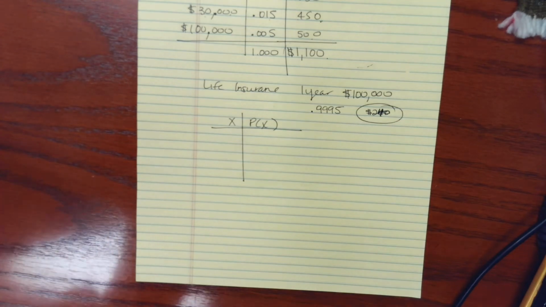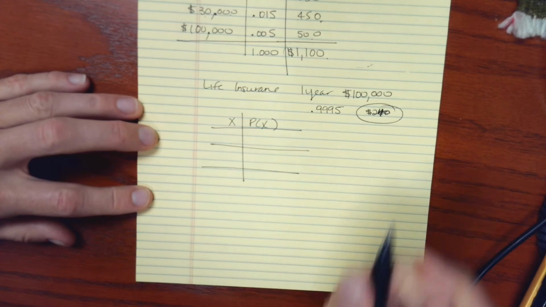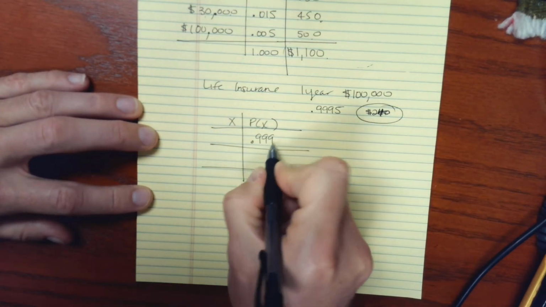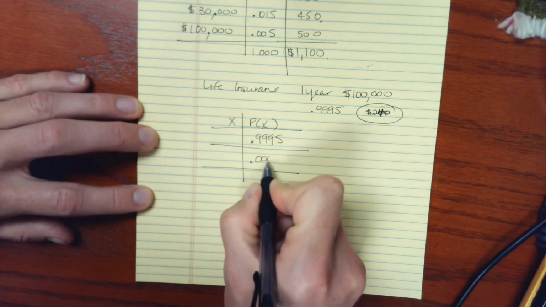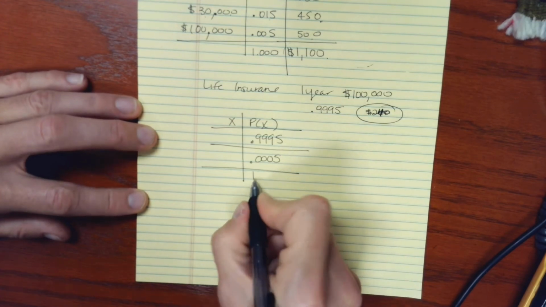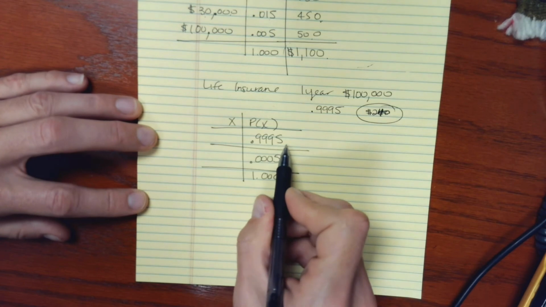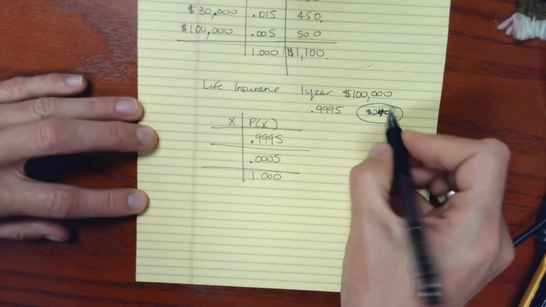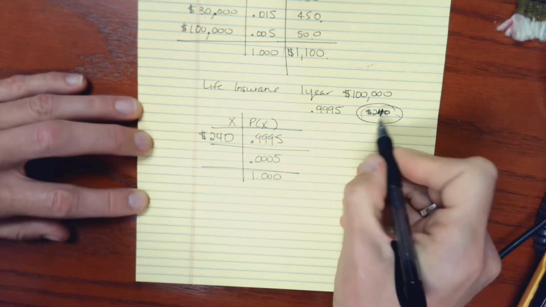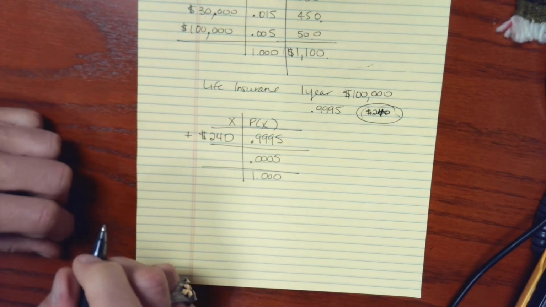There are really just two scenarios here. The person lives or they die. The probability that they live is 0.9995, and the alternative has a probability of 0.0005. Those have to add up to 1. Now, if the person lives, then I don't pay out any money, and as the insurance company, I have collected the $240 from the policyholder, so I'm up $240.